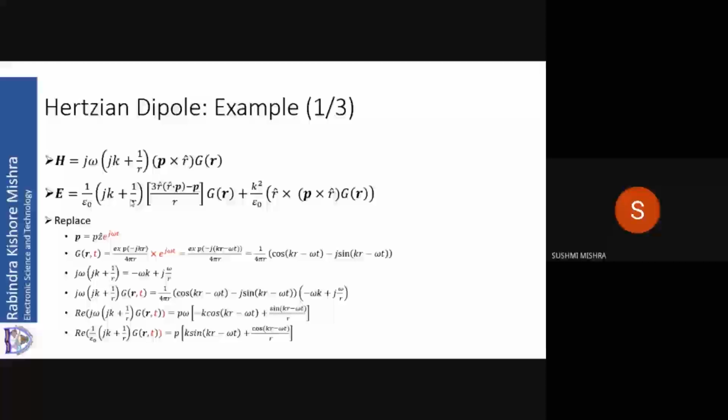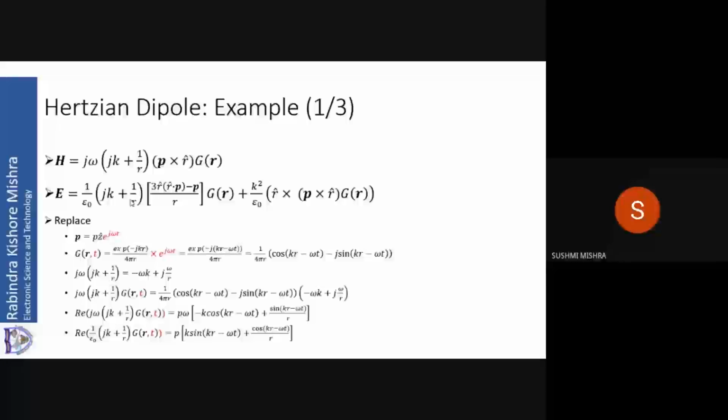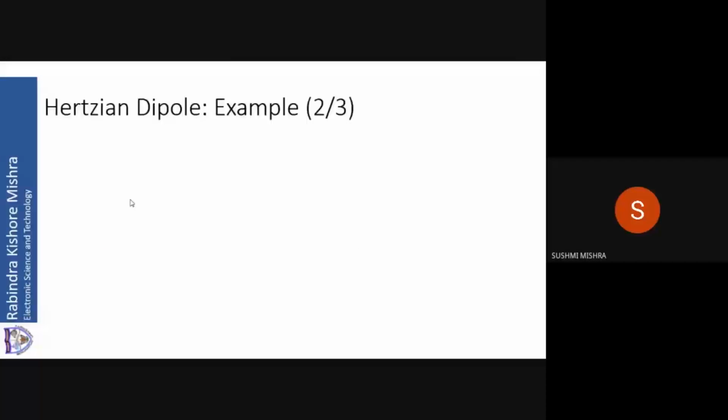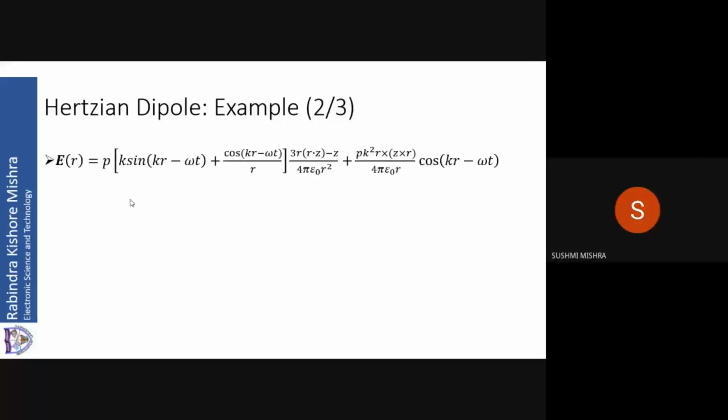So small p, G(r,t), will be equal to whatever I have written for the G into small p, right? So that small p comes into account here. That is how you are getting p. So that I had excluded in the last part. This part I expected to show, but I forgot.